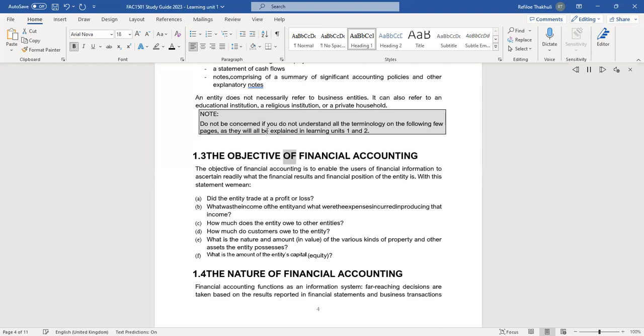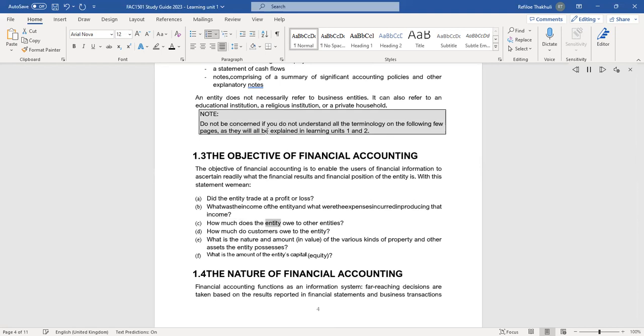1.3 The objective of financial accounting. The objective of financial accounting is to enable the users of financial information to ascertain readily what the financial results and financial position of the entity is. With this statement we mean: did the entity trade at a profit or loss? What was the income of the entity and what were the expenses incurred in producing that income?